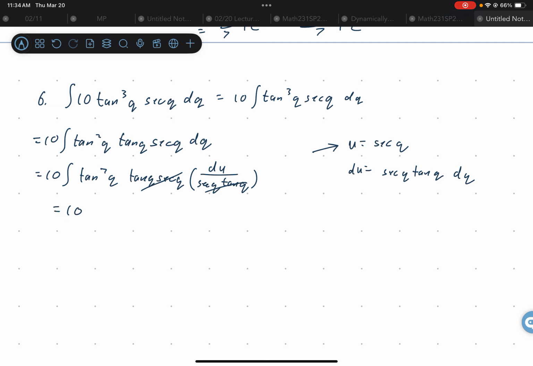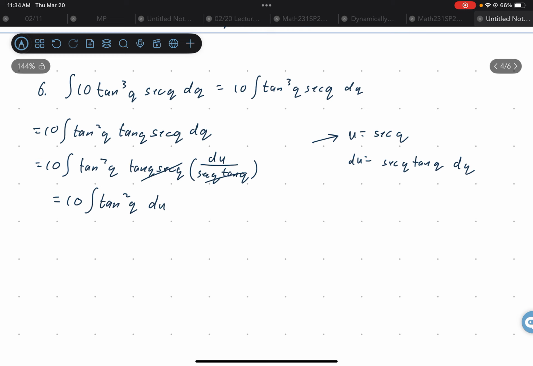So now we have 10 times the integral of tangent squared q times du. Well, again, we have a u here and a u here. This is obviously not in terms of u, so what the heck are we integrating? But we can make this in terms of u, and that's the whole point of using U-sub, is to make the leftover term in terms of u.